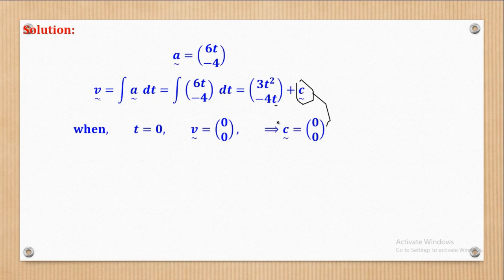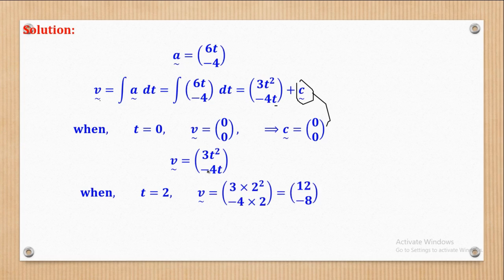Now that I've got the value of c, I can express the velocity without a constant of integration, which will be velocity equal to 3t squared and negative 4t. Now that I've got velocity, I'll say that when t is equal to 2, velocity will be got by substituting for t. So where there is t, I'll put there 2 to come up with 12 here, and where there is t here, also I'll put there 2 to come up with negative 8 there.